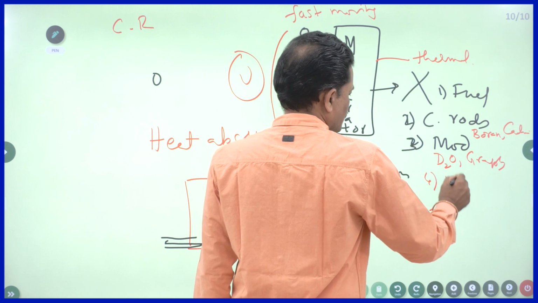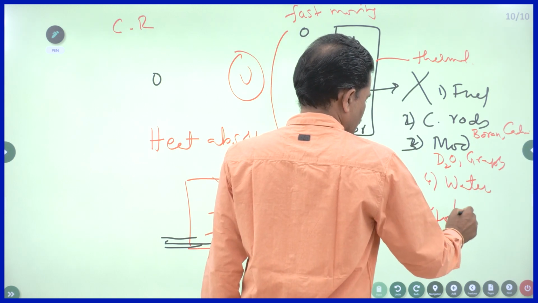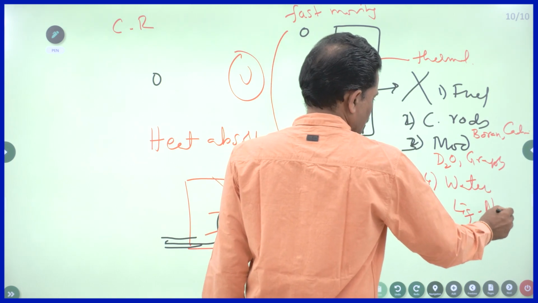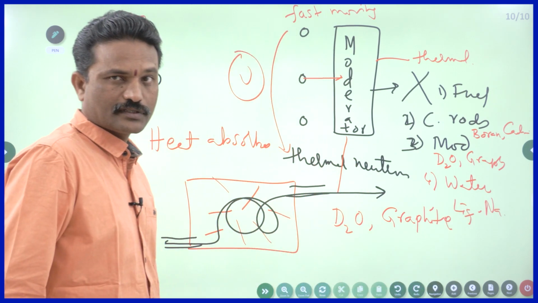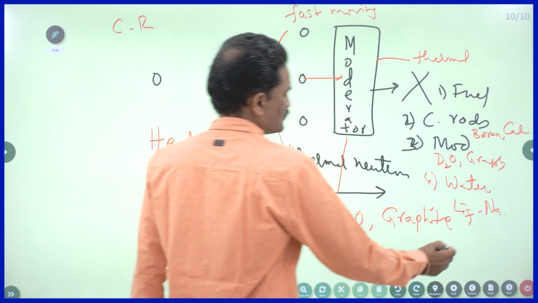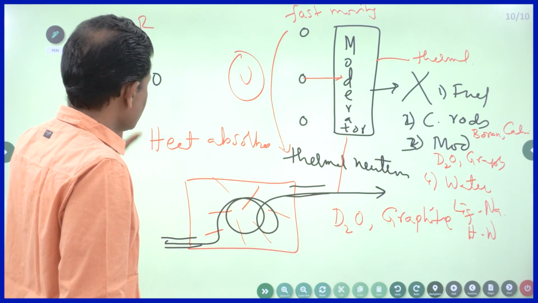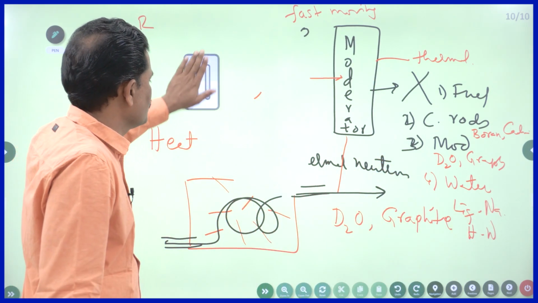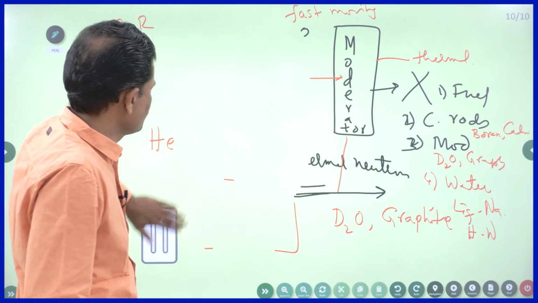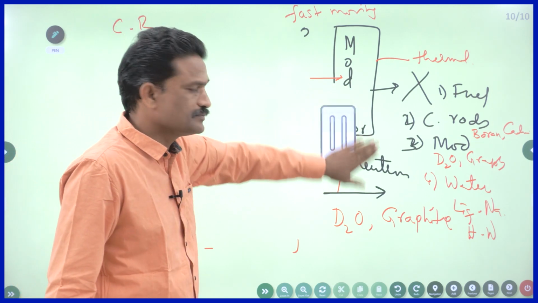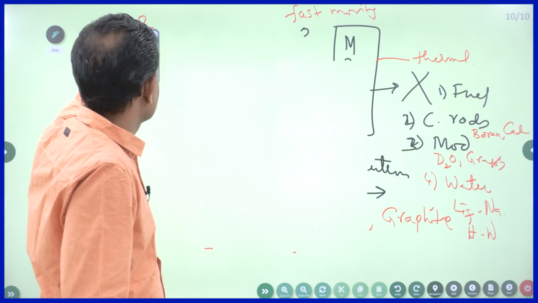Coolant: water or liquefied sodium. In some cases, we also use heavy water. So these are all the necessary parts of the nuclear reactor. If one is missing, then it will become a bomb. Is this clear? Right. Next one.